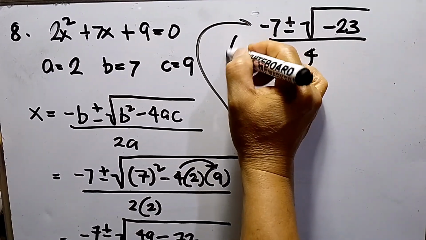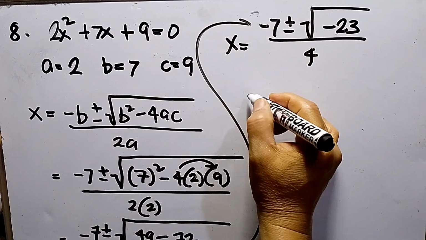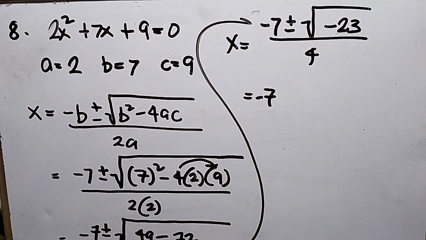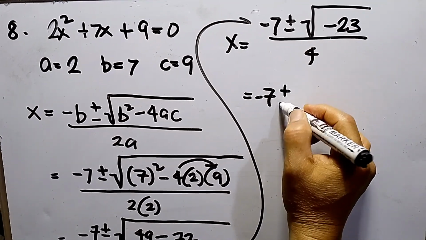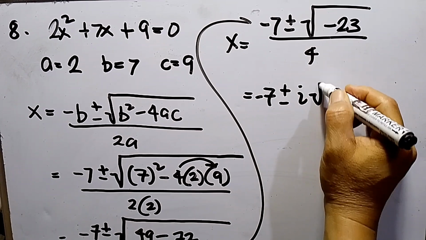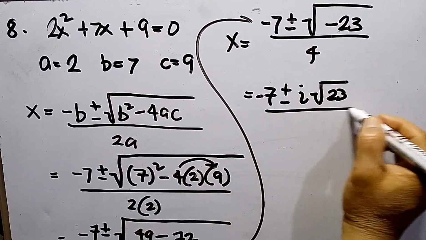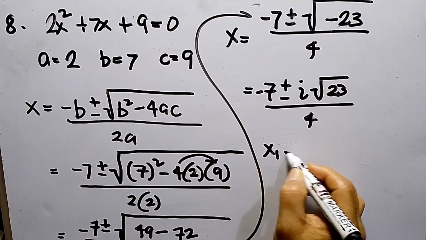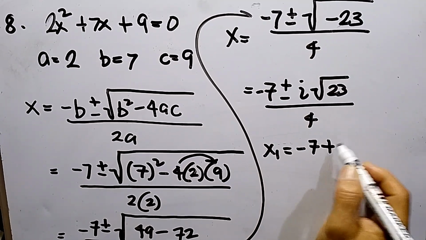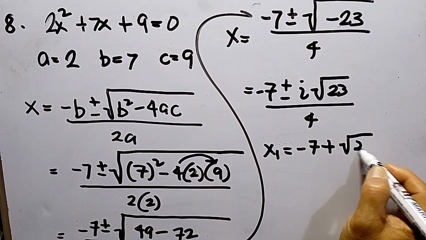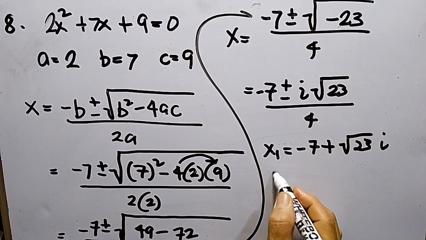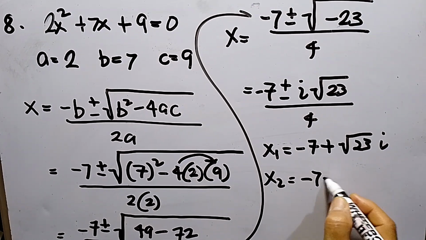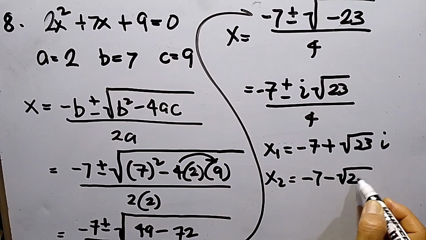So this is x. Therefore, I can write this one, I will remove the negative sign and replace it by imaginary i. So this will be i square root of 23 all over 4. So my roots are x1 will be negative 7 plus square root of 23 i, and then the second root is negative 7 minus square root of 23 i.